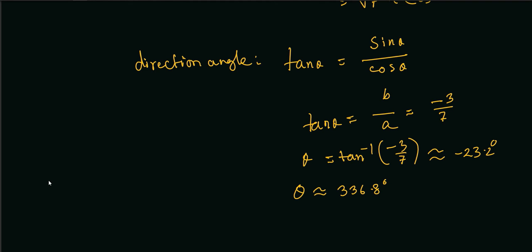How did I get this? I subtracted this value from 360 degrees. I mean, I added, since it's a negative sign, so I added this 23.2 degrees. I got 336.8 degrees.